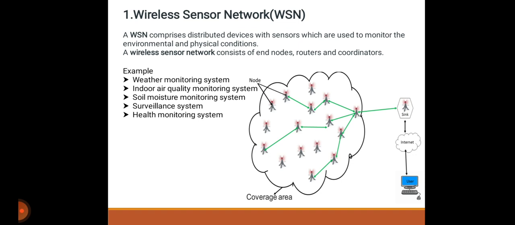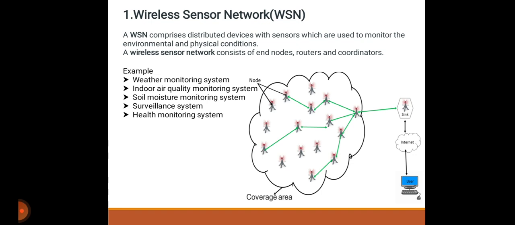End nodes have several sensors attached to them, and the data is passed to a coordinator with the help of routers. The coordinator also acts as a gateway that connects the WSN to the internet.